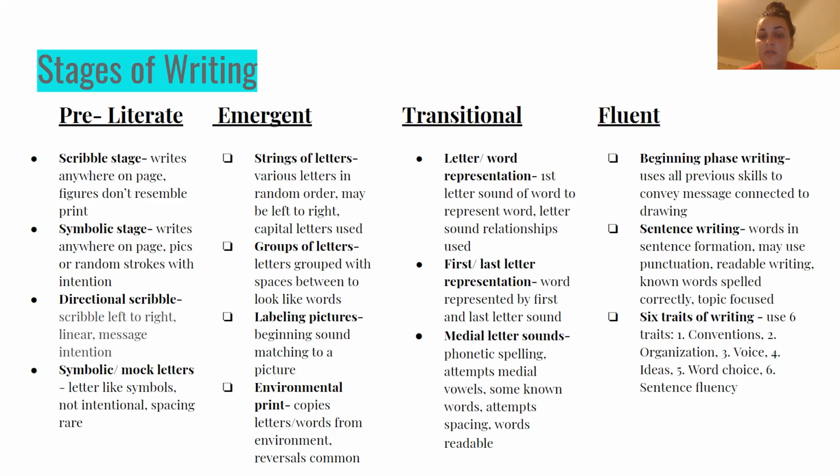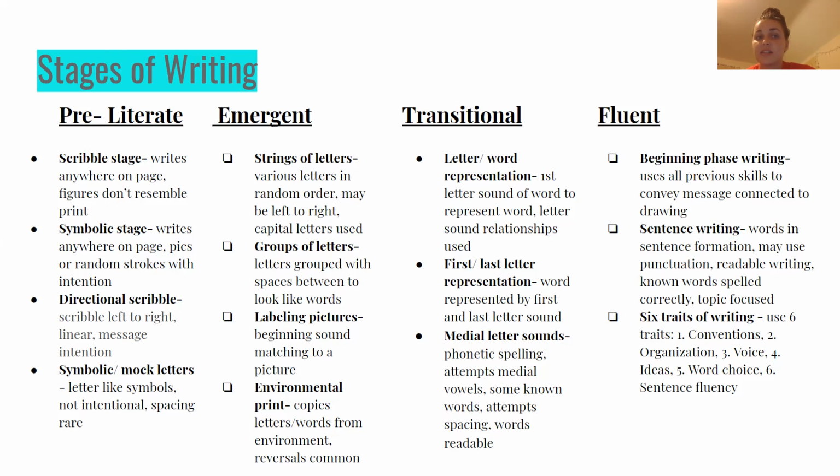This is when words are represented by the first and last letter sound. And then the third stage in transitional is medial letter sounds. So this is when the student uses phonetic spelling, they attempt medial vowels and some known words, and there's an attempt at spacing and words are readable.